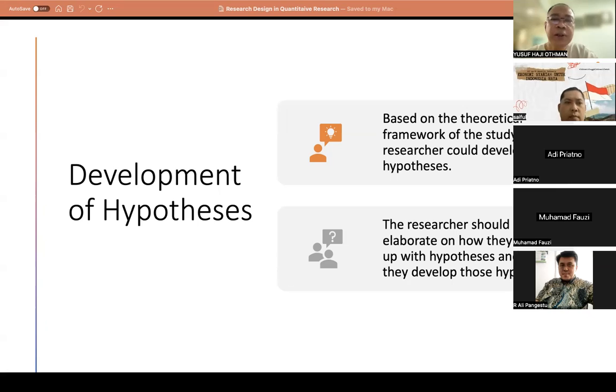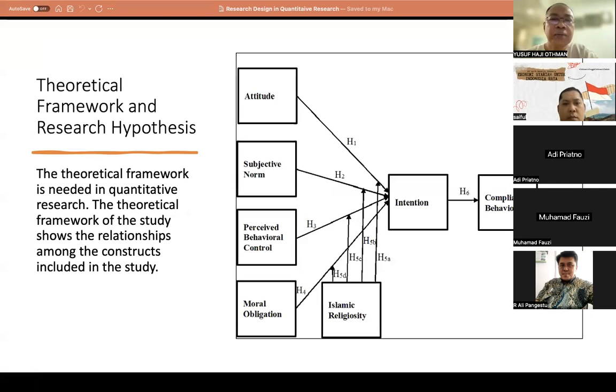For example, studies by Haji Osman 2016, Height 2008, and others have shown that attitude has a significant and positive influence on the intention to comply with a certain behavior.